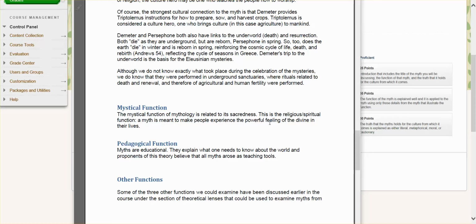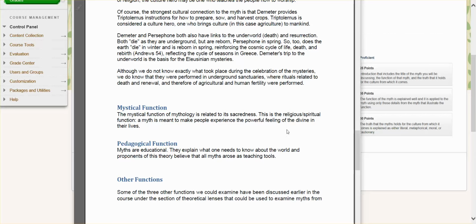So that's the mystical function, and some myths really bring this to light. The pedagogical function could pretty much cover any of these. Pedagogy just means teaching, educational. So these kinds of myths explain what one needs to learn about their own world and how to live in that world.